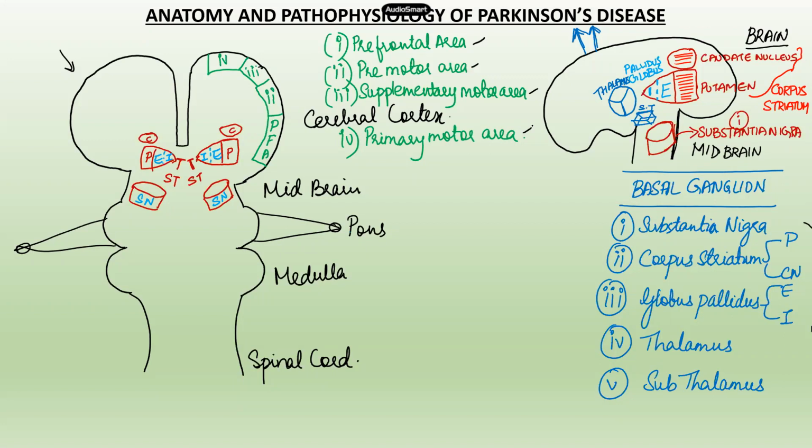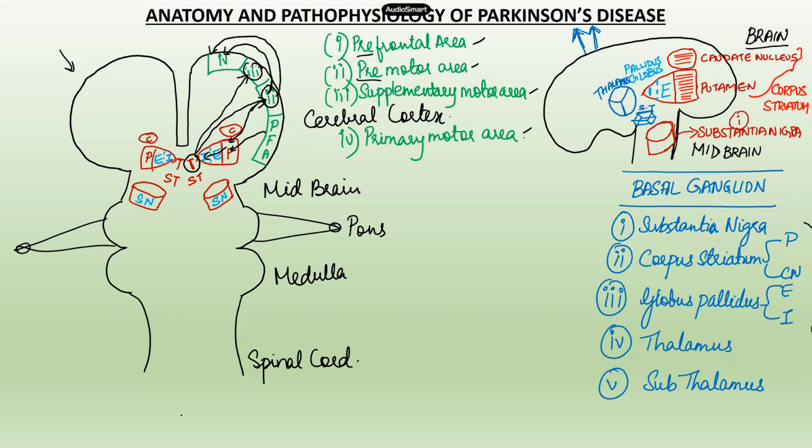That means the prefrontal area and the premotor area will generate circuits that will be linked to your caudate and your putamen. And from here, the circuits will be given to your globus pallidus. They will be refined in your thalamus, and the thalamus will send them back to your supplementary motor area and the premotor area. Now, after getting back the impulses, the second and the third are going to fine tune the impulses and give them back to the primary motor area.